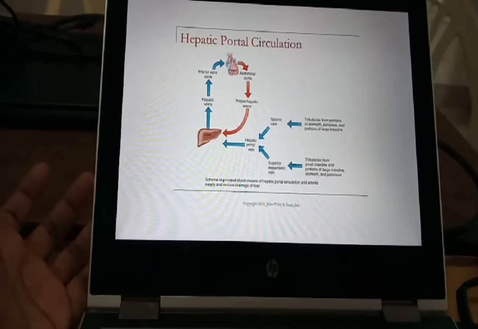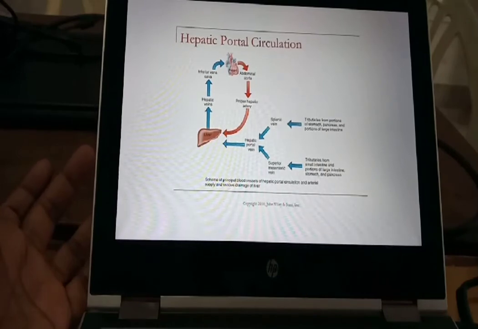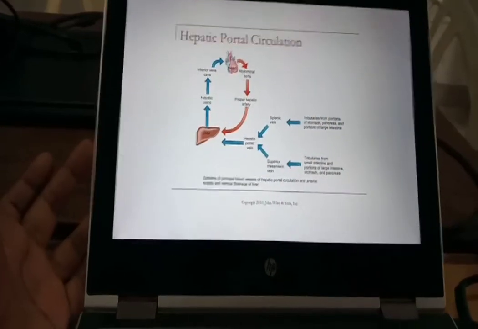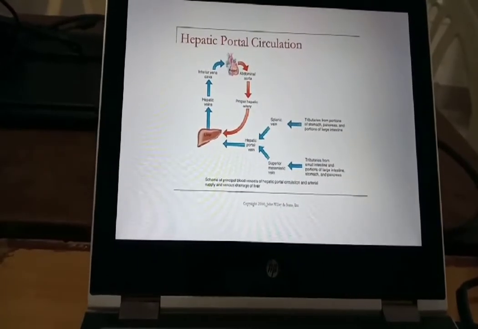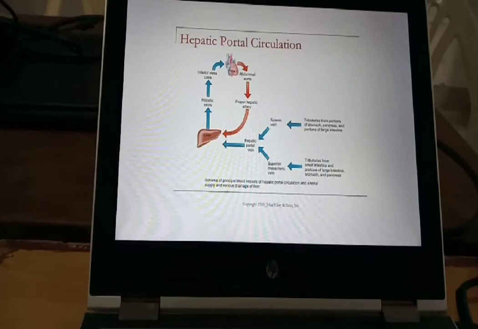All this blood will drain from the capillaries for the liver cells into the hepatic vein, along with all the blood that has come from the hepatic portal vein. So the liver is a very, very vascular organ. It gets blood both for its nourishment as well as for the work that it has to do for the blood. Okay.